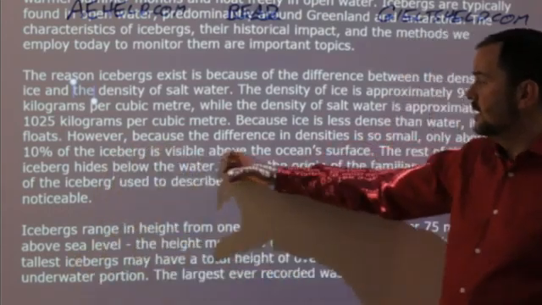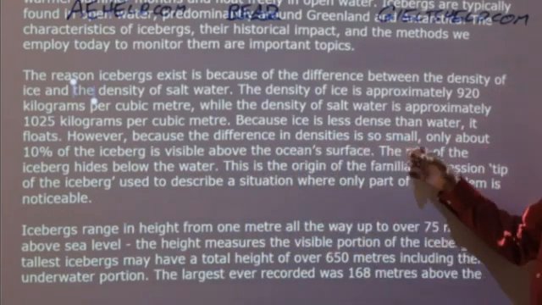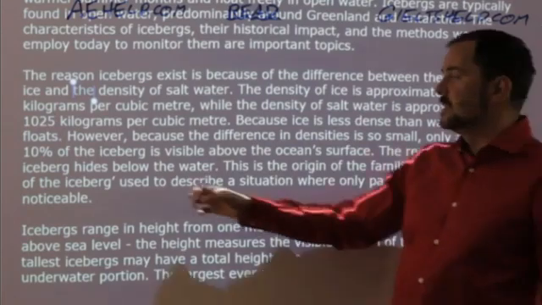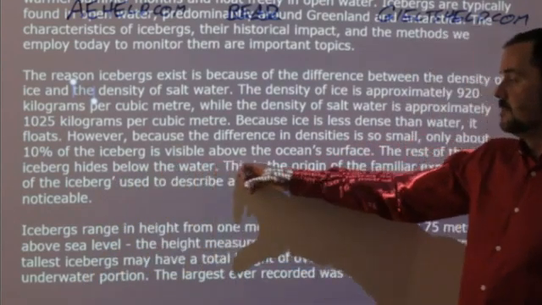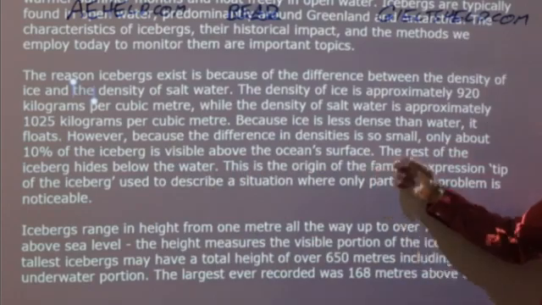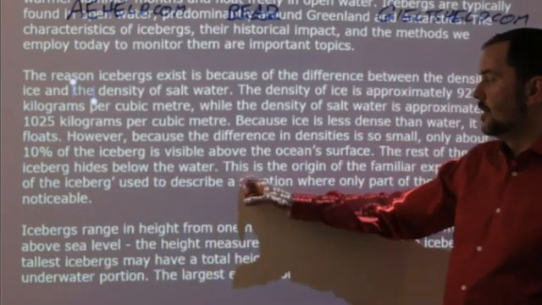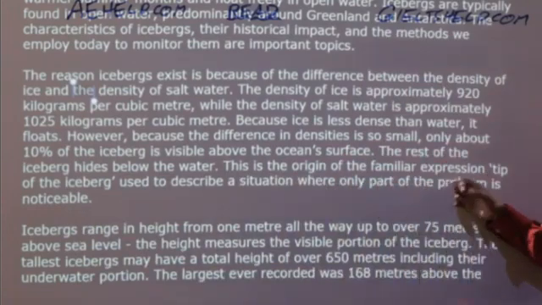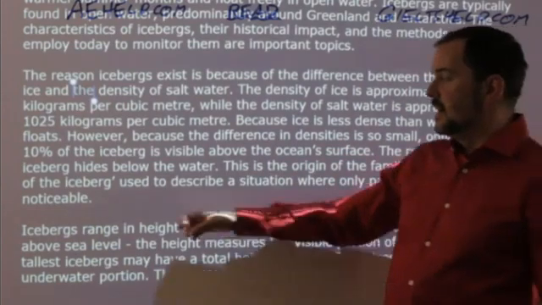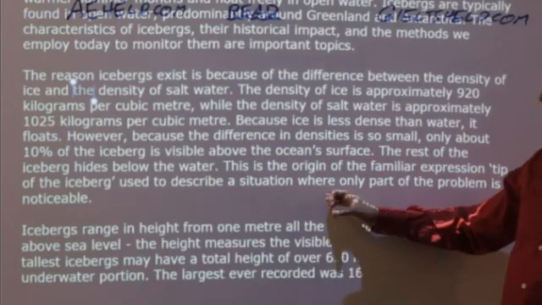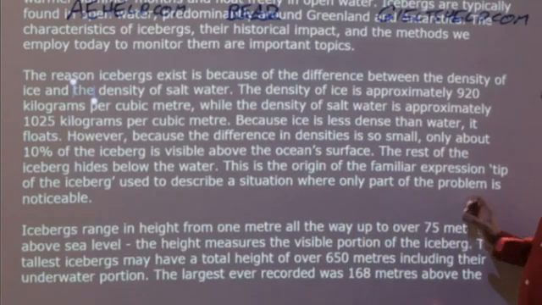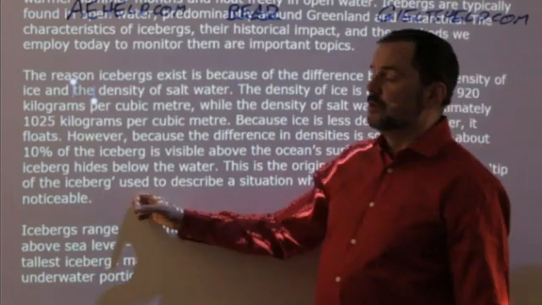However, because the difference in densities is so small, only about 10% of the iceberg is visible above the ocean's surface. The rest of the iceberg hides below the water. This is the origin of the familiar expression tip of the iceberg, used to describe a situation where only part of the problem is noticeable.